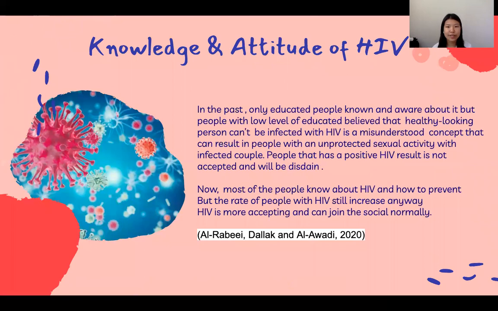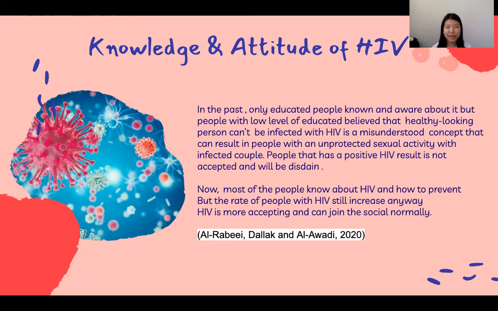Knowledge and attitude toward HIV. In the past, only educated people knew and were aware of it, and not well educated people believed that a healthy looking person cannot be infected, which is a misunderstanding and wrong. So people who had sex didn't really protect themselves, which made the rate of HIV increase a lot.